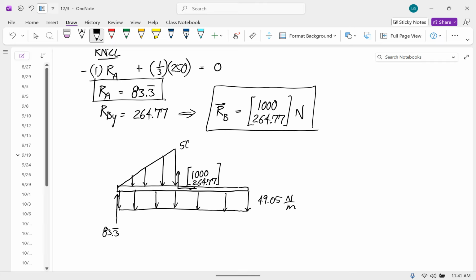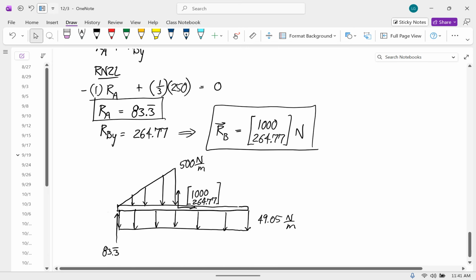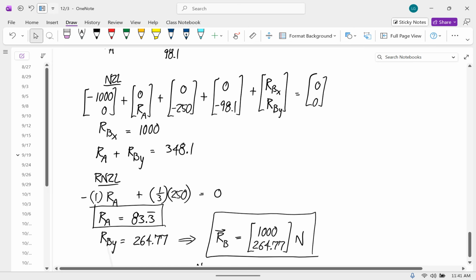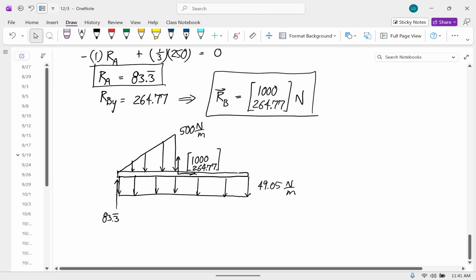It goes up to a value of 500 newtons per meter. All right. So should be 1,000 newtons still there too. The 1,000, it's pulling out to the left. Oh, yep. Thank you.